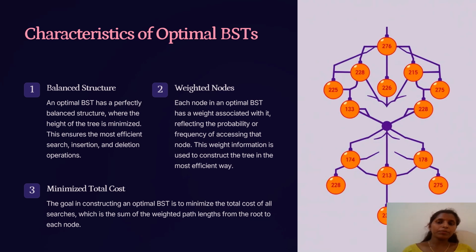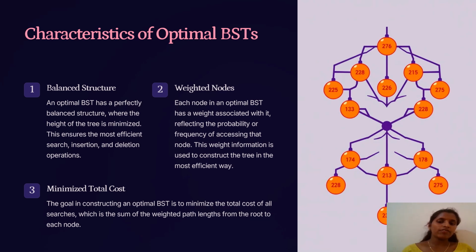Characteristics of optimal binary search trees. Balanced structure. An optimal binary search tree has a perfectly balanced structure where the height of the tree is minimized. This ensures the most efficient search, insertion, and deletion operations. Weighted node. Each node in an optimal binary search tree has a weight associated with it, reflecting the probability or frequency of accessing that node.